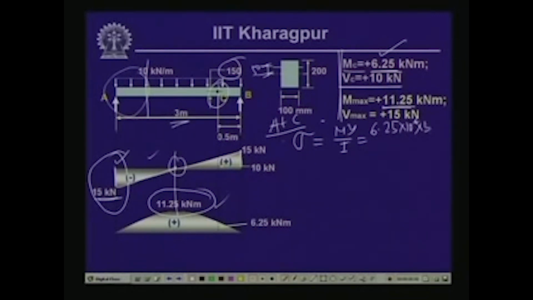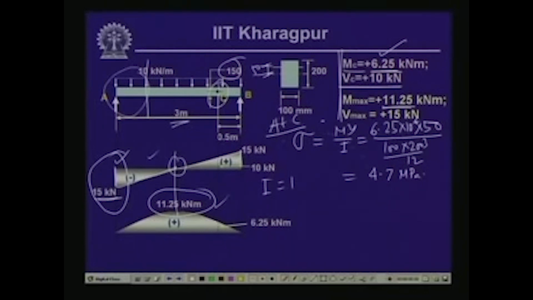So, this is 50 divided by I, which is equal to 100 times 200 cube by 12, and if we compute the value of sigma, this comes as 4.7 MPa.